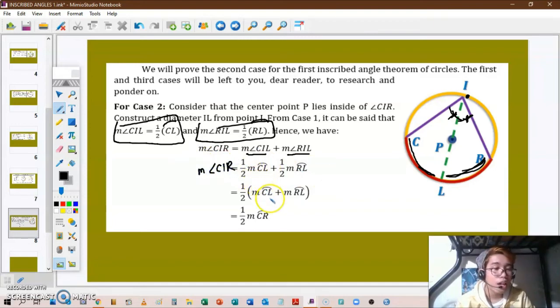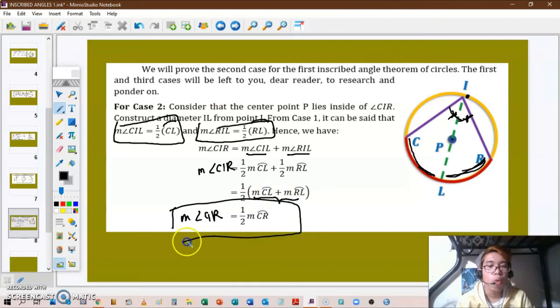We can factor out 1/2. Using the arc addition postulate, if we add CL and RL, we get CR. Therefore, angle CIR is equal to 1/2 the measurement of arc CR. And that's how we prove the second case of the inscribed angle theorem.